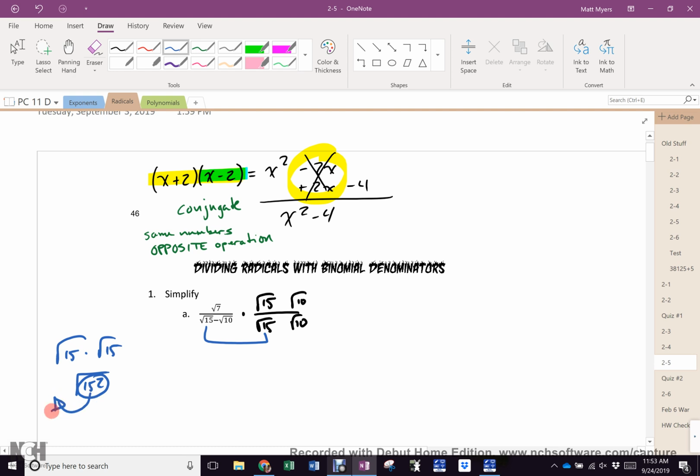There's my pair, out comes 15, right? Perfect. Will that eliminate a radical? Why? For the same reason. But unfortunately, root 15 times root 10 and root 15 times root 10 will not eliminate the radical unless what?